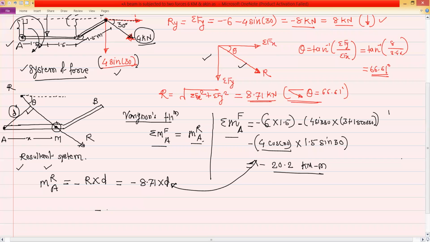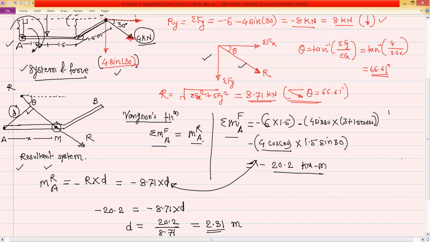So we can write minus 20.2 is equal to minus 8.71 into D. So we will get D equal to 20.2 divided by 8.71, which is equal to 2.31, and the unit is meter.